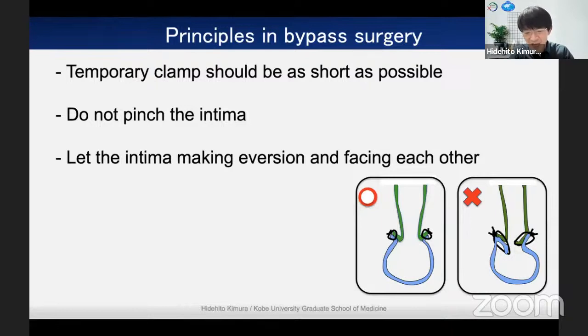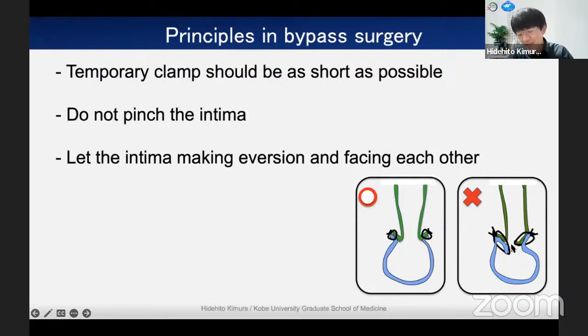If you grasp the intima directly with the forceps, the intima is injured and platelet aggregation will occur. Let the intima make an eversion like this, facing each other. This is a very preferable condition.